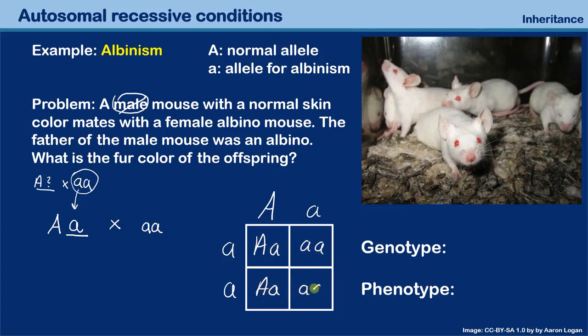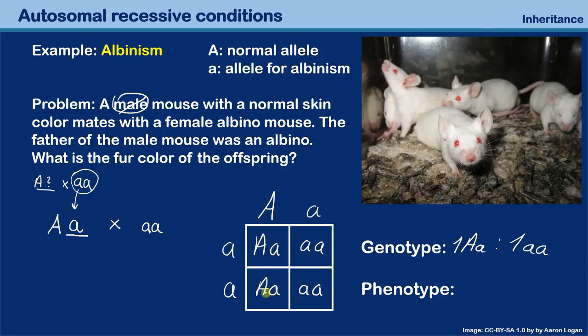Heterozygous again, homozygous recessive. What are the genotypes? 2 times heterozygous to 2 times homozygous recessive. We can simplify this. 1 capital A lowercase a to 1 lowercase a lowercase a. Homozygous recessive, heterozygous. The phenotype is this mouse here has a normal fur color.